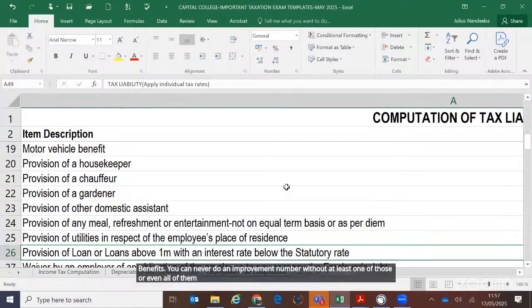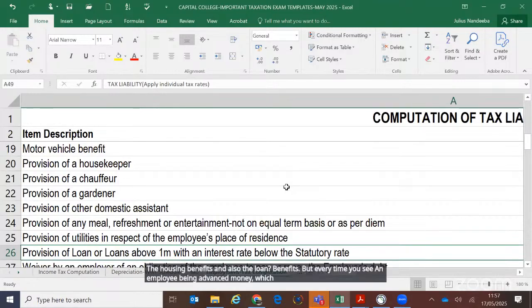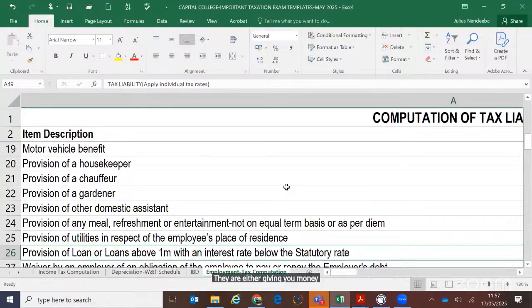So the other benefit is called a loan benefit. So I'm going to help you calculate the motor vehicle benefit, the housing benefit, and also the loan benefit. But every time you see an employer paying advanced money, which is not their salary, they are either giving you money in advance or they are giving you a loan, then we must look for what we call a loan benefit.